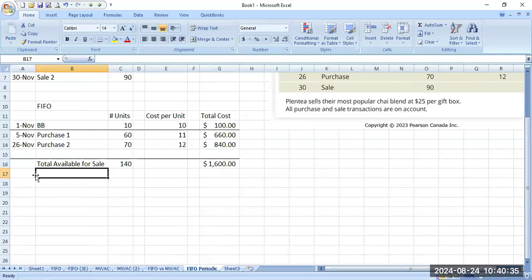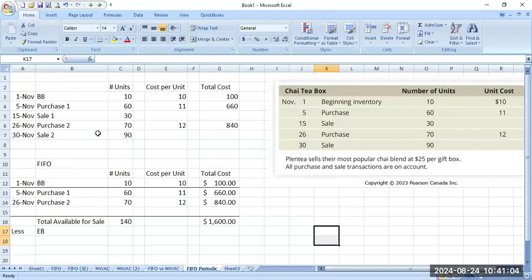we're going to deduct, or I can put here, less our ending balance, which we're going to physically count and come up with. In this case, we have to calculate what the ending balance would be.